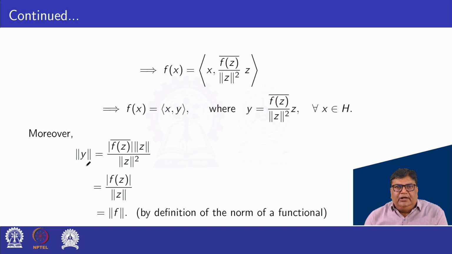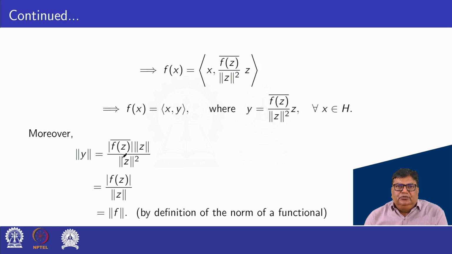Taking the norm of both sides, norm of y is equal to norm of this. Here f(z) is a scalar, norm z square also is a scalar. So modulus of f(z) bar upon norm z square into norm of z.